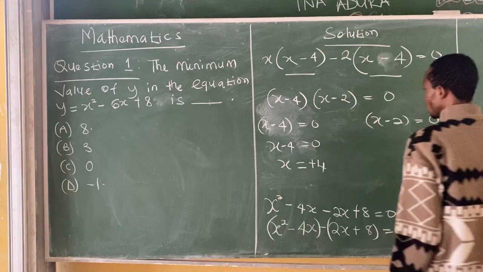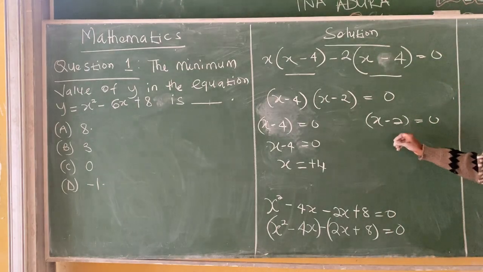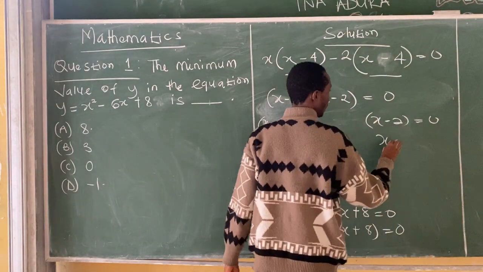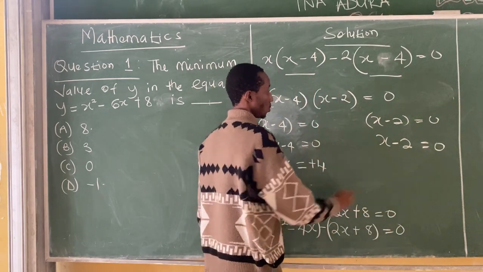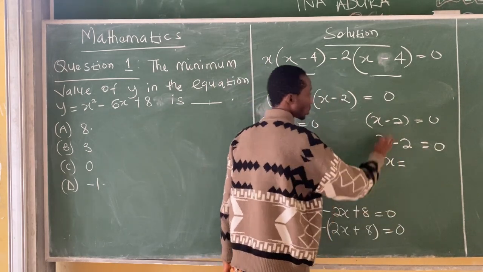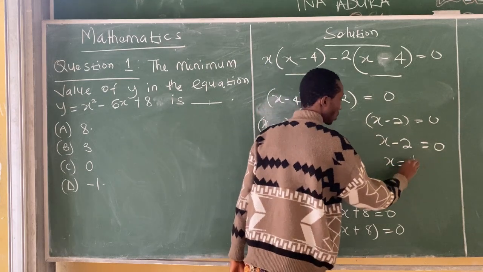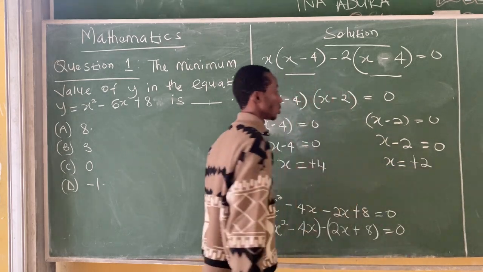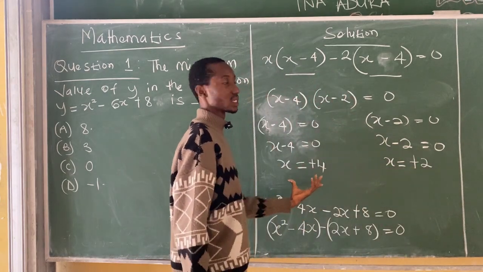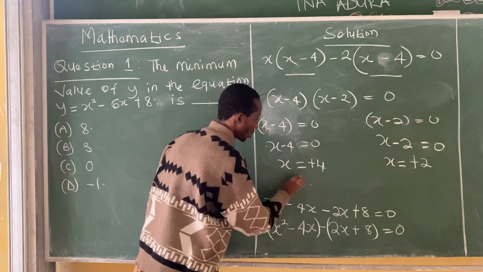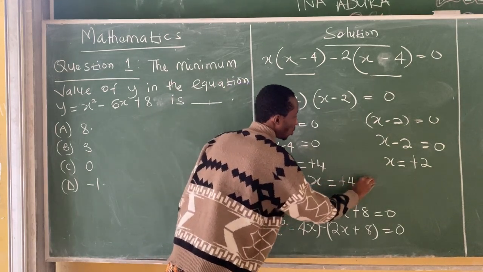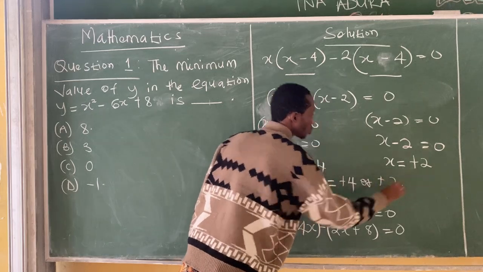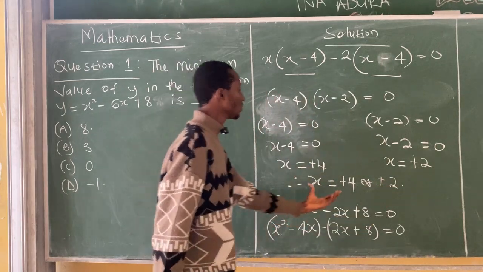For this other place, this is the same thing as x minus 2 equals 0. When minus 2 crosses the equality sign, it changes to what? Plus 2. Therefore, x is equal to plus 4 or plus 2. Now, we have gotten the value of x.